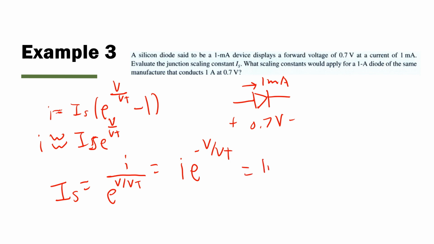So that would be 1 milliamp times e to the power of negative 0.7 volts divided by 25 millivolts. And that is equal to 6.9 times 10 to the negative 16 amps.